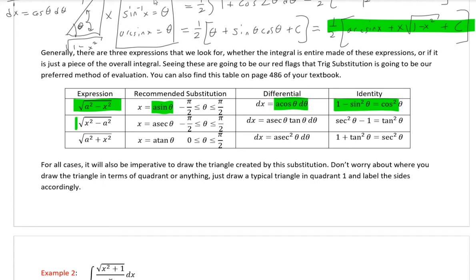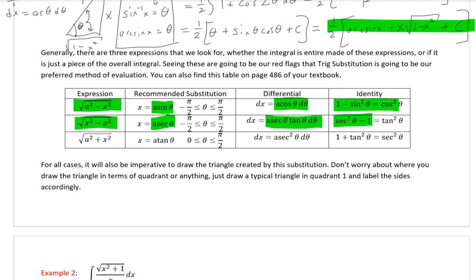If we have x squared minus a squared, so the inverse of that, we can't really do sine and cosine too well. What we more accurately would do is just a secant theta, where the differential is a secant tangent, and that's because secant squared minus 1 equals tangent squared.